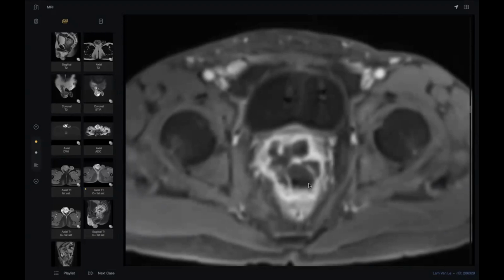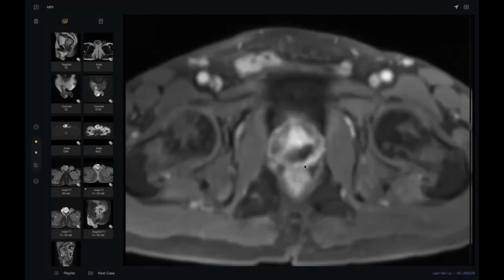Fournier gangrene, but I cannot see any air foci. No. What else? Something that comes from the chest. Yeah, tuberculosis. Excellent. So this is genitourinary tuberculosis.